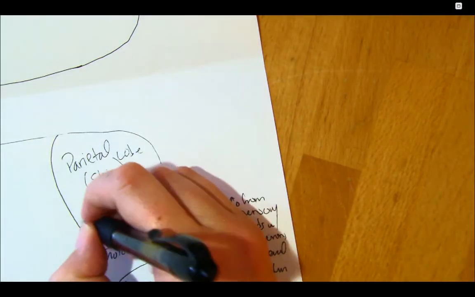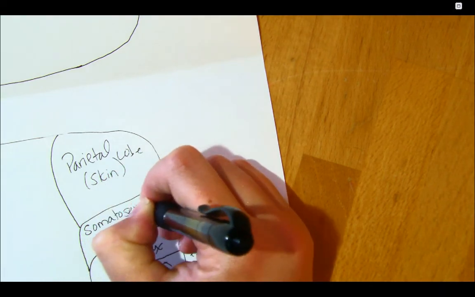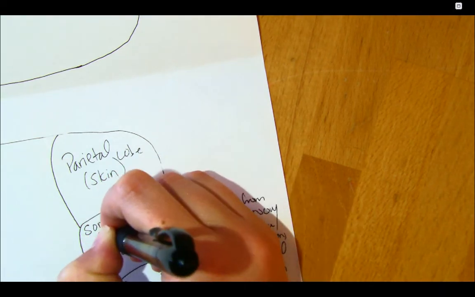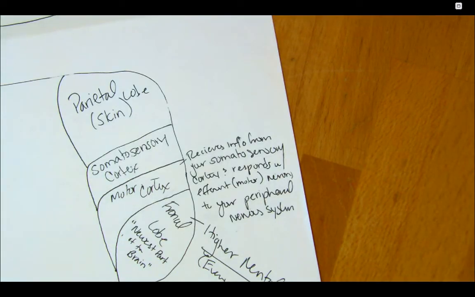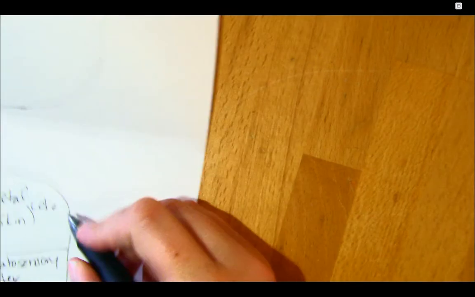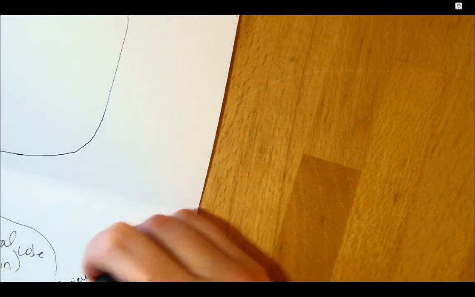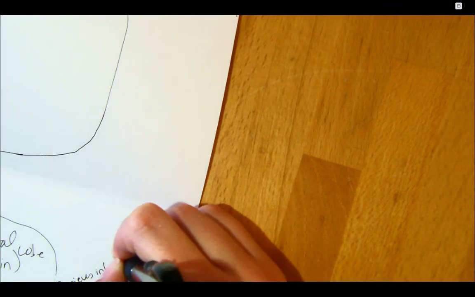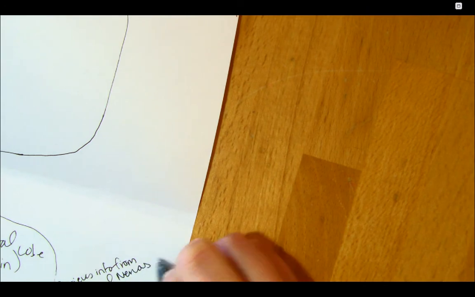Technically, all of your sensations are processed in your somatosensory cortex. Okay, so your somatosensory cortex is actually in your parietal lobe, and your somatosensory cortex receives info from the peripheral nervous system (afferent).